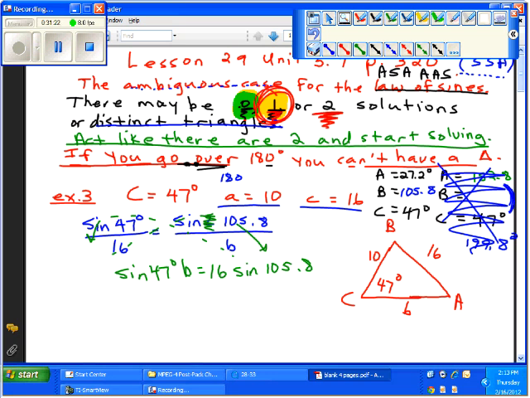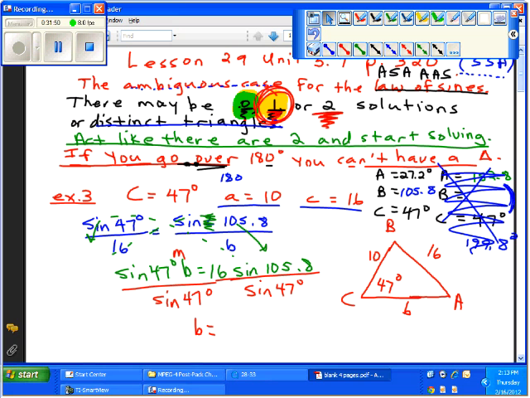Now, we want to get the junk off of B, so we're going to undo multiplication by division. We're going to divide by sine 47 degrees on both sides. And so little b is equal to 16 sine 105.8 divided by sine 47.